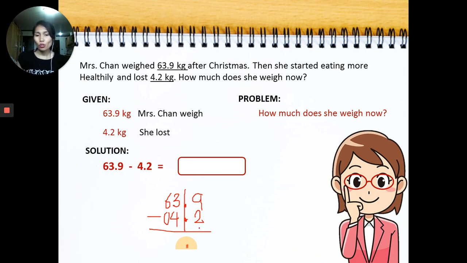So 9 minus 2 is 7. 3 minus 4 cannot because 3 is smaller, so we will borrow from 6. 6 will become 5 and 3 will become, we add 10 to 3. So 10 plus 3 is 13, or we simply write 1 beside 3.